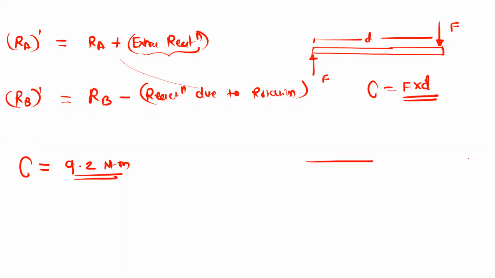Consider the shaft is supported in the bearing. So this is the bearing. Okay. And due to gyroscopic couple, the shaft has a tendency to rotate like this.